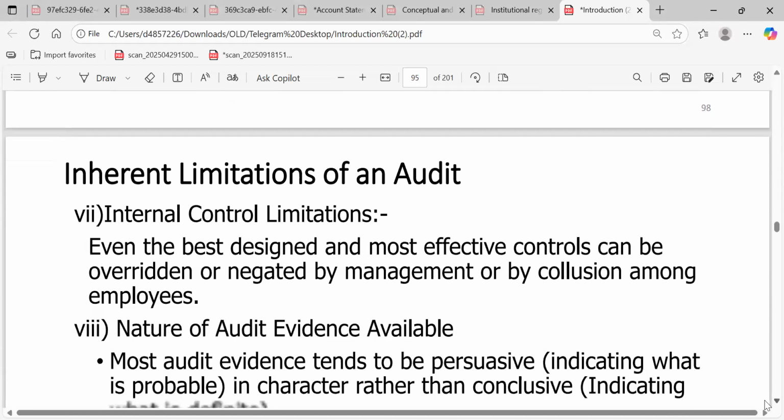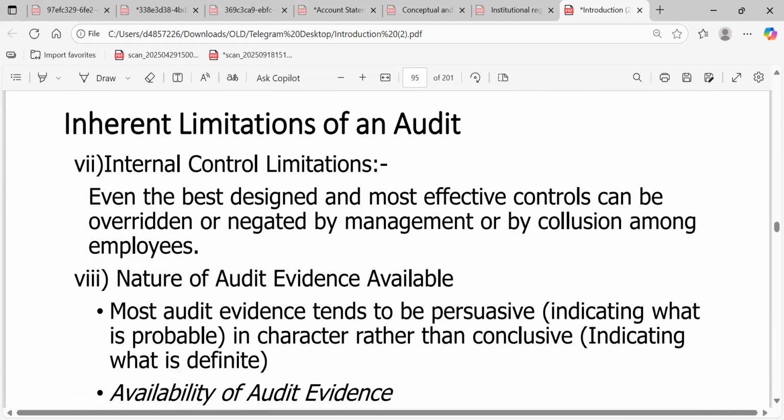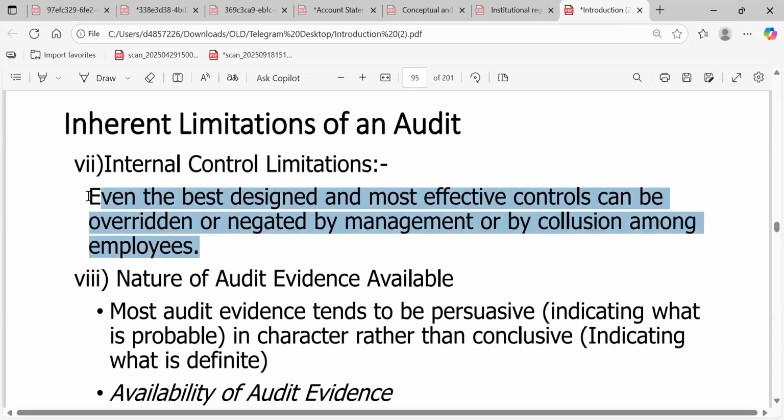And then another very important inherent limitation is internal control limitations. If the internal controls of the entity are so weak that they cannot safeguard the assets and resources of the entity, people are doing all kinds of things that they want. It simply means the auditor may find it very difficult to audit, because it means processes are not in place.